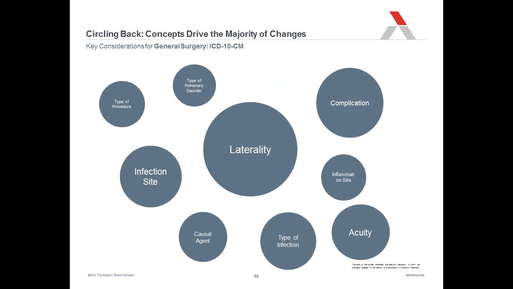So we'll circle back to the major concepts driving the majority of changes in the ICD-10-CM diagnosis code set. And you can see here once again, laterality, complication, infection site, acuity are all very important concepts. If you can remember these concepts as you're going through your daily routine of documenting, you will hit most of the elements that will be required in ICD-10 diagnosis codes.